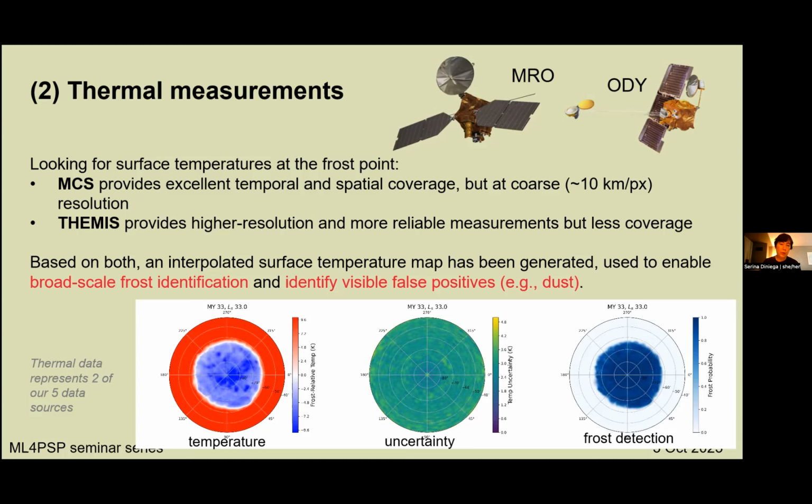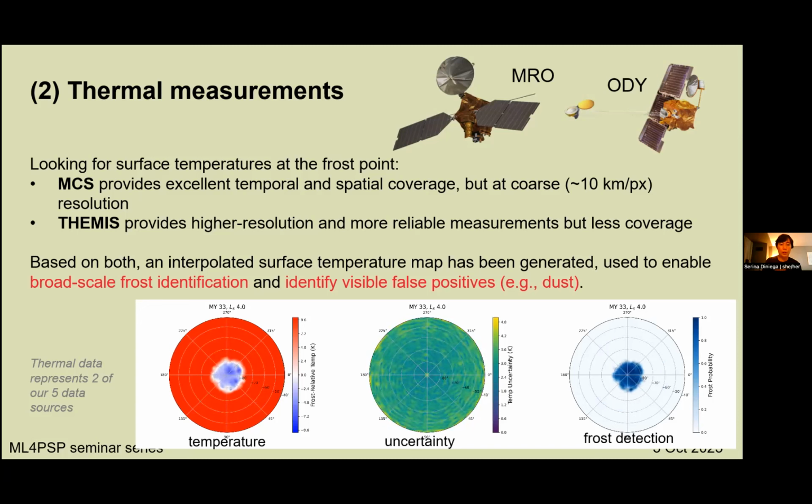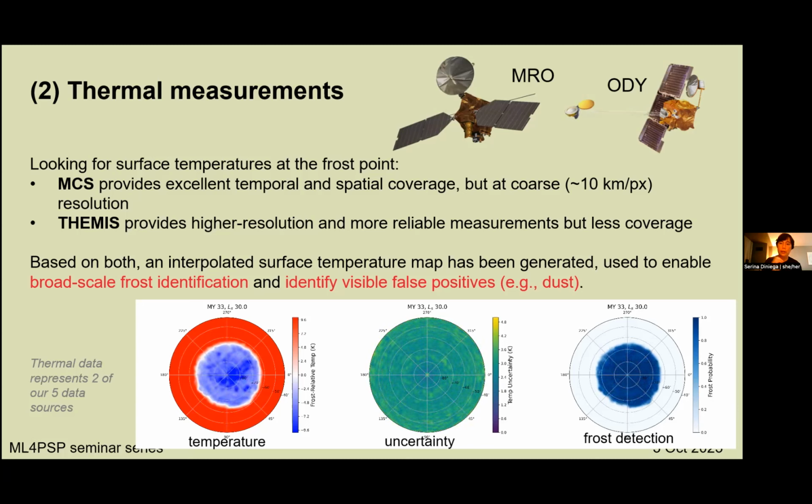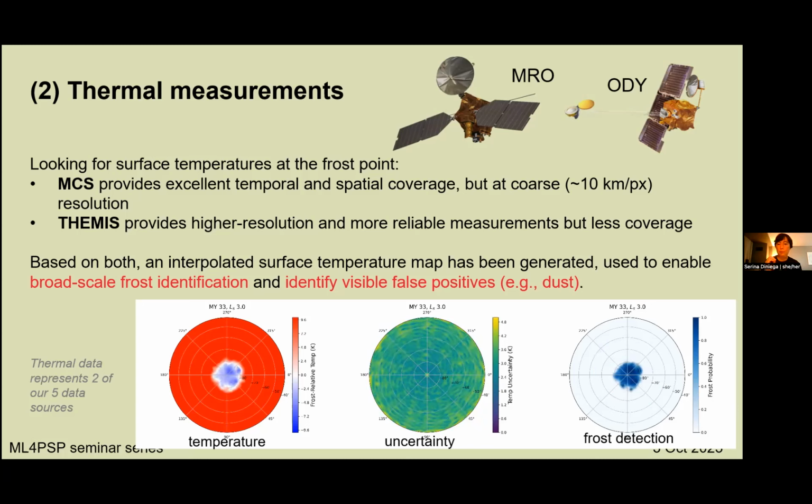So in this case, what was done, here in the plots, is the temperature was interpolated between the measurements that have been made by MRO. I think this one's just MRO, but Gary's been working on adding in the Odyssey THEMIS observations as well. You have an associated uncertainty with that interpolation.